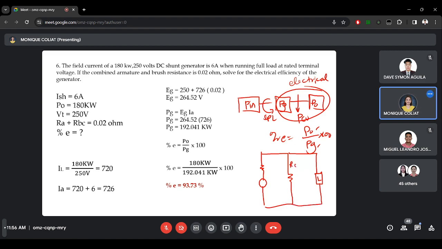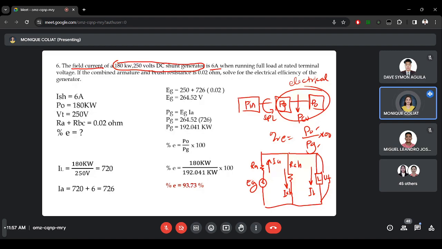Ang sabi, the field current of the generator is 6 ampere. Pag sinabi pong field current, ano yun? Series field or shunt field? So, titingnan nyo po doon sa value.